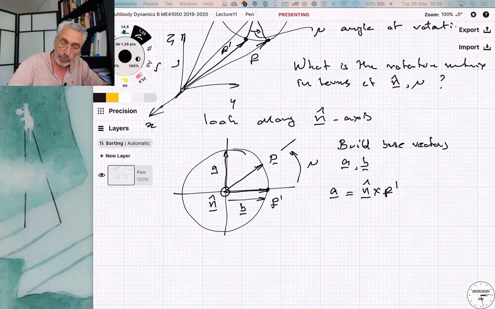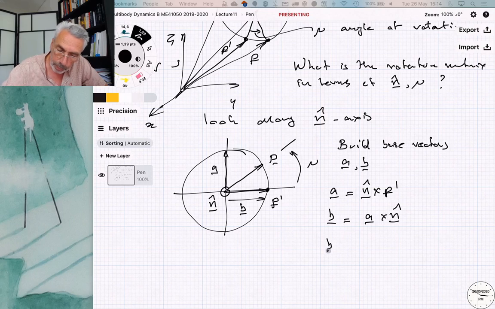The length is the length of this guy and the length of that guy, so that's exactly here at the end of the circle. Likewise, we can also build B. Now when we have A and we have n, we can build B, and that's A cross n hat. So we now substitute, and we get B is n hat cross p prime cross n hat.